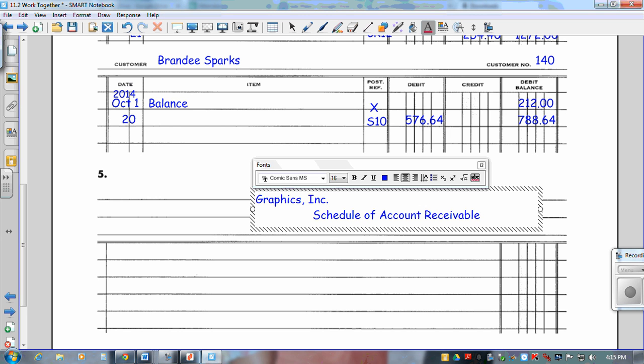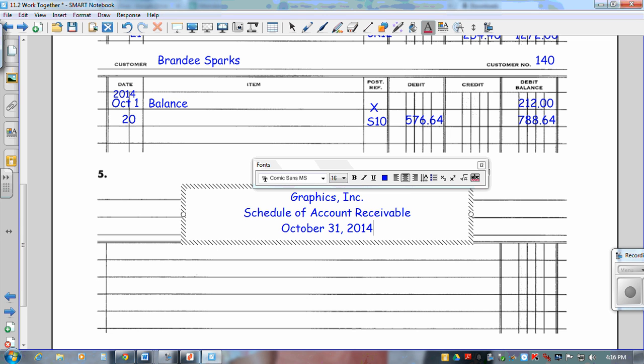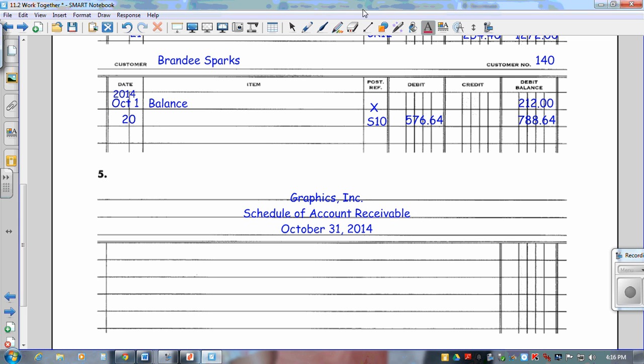It is a schedule of accounts receivable because this is people that we want to receive money from. And on the third line, we're going to put the date. The book said this is October 31st. And I'm just going to drag my form over so it looks like it's about centered.